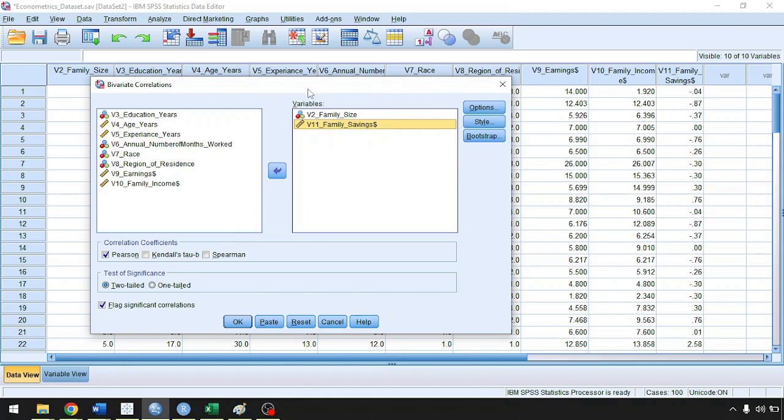The distribution of all these variables are normal. They're not highly skewed. So in order to use Pearson, you have to make sure that the distribution of your variables are normal. If it's not normal, then we're not going to use Pearson as the right parametric test.